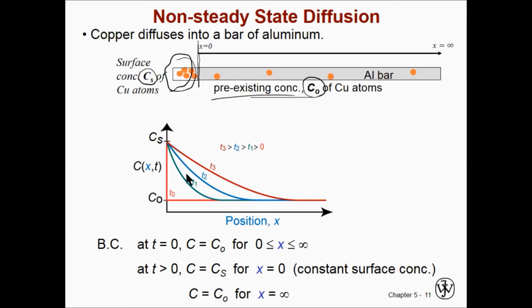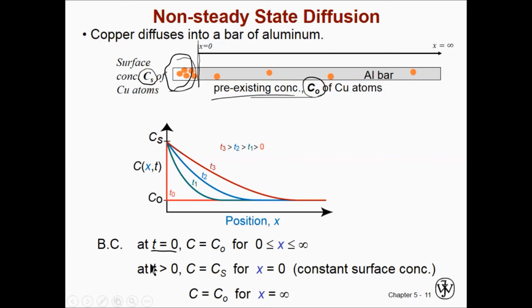So before diffusion starts, when time is 0, what will be the amount of copper through all the material from 0 to infinity? Through all the material before diffusion, the amount of copper will be equal to the previous one, C0. So concentration equals C0, the initial amount of copper atoms through all the material, because I don't have diffusion yet.